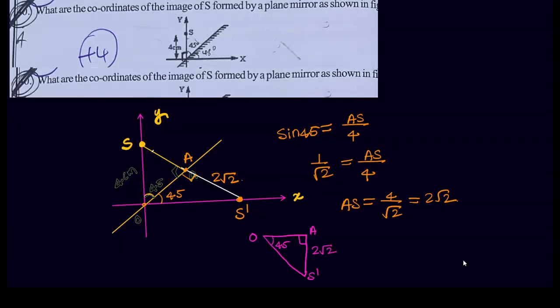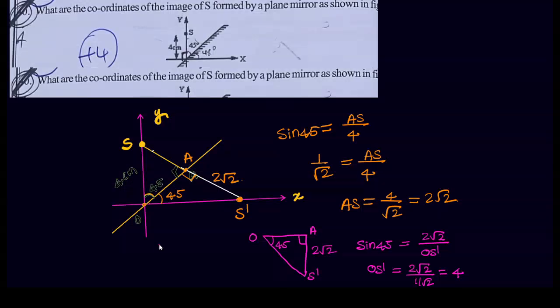Here we can apply sine 45, which equals 2 root 2 by OS dash. So OS dash equals 2 root 2 by sine 45, which is 1 by root 2, so it comes to 4 centimeters.